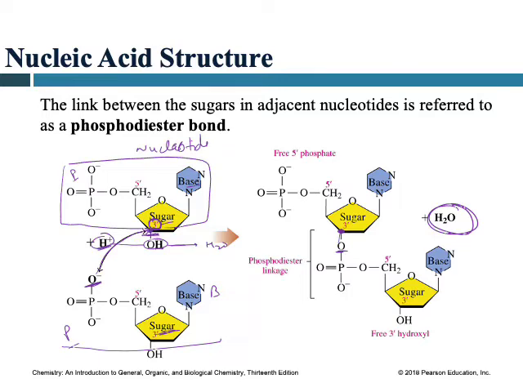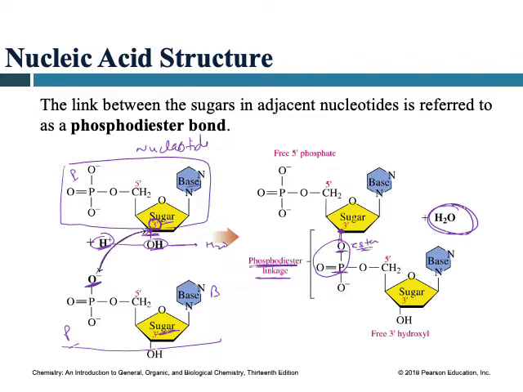The OH group from the third carbon of the sugar molecule is going to attach with one of the oxygens of the phosphate group, right? And now this type of linkage we call phosphodiester linkage. It means you have a phosphate group and you have two ester linkages. So this is one ester linkage, right?